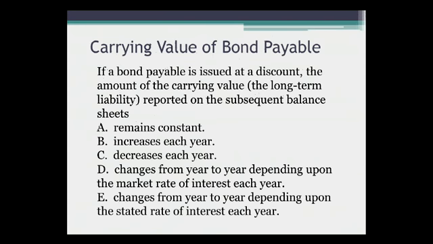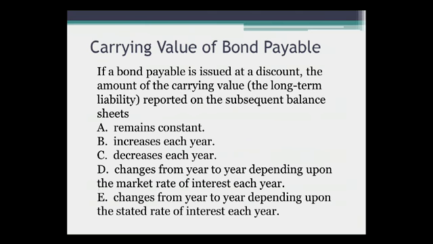Okay, some problems. If a bond payable is issued at a discount, the carrying value, the long-term liability reported on the subsequent balance sheets, does it remain constant, increase each year, decrease each year, change from year to year depending on the market rate of interest, or change depending upon the stated rate of interest each year?